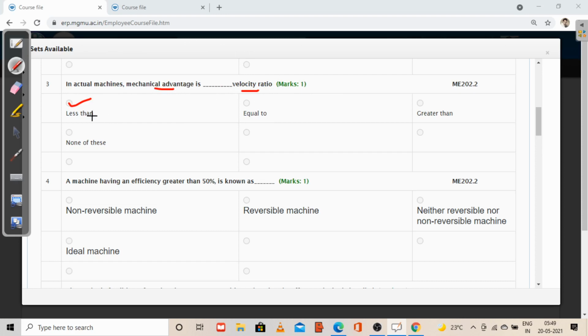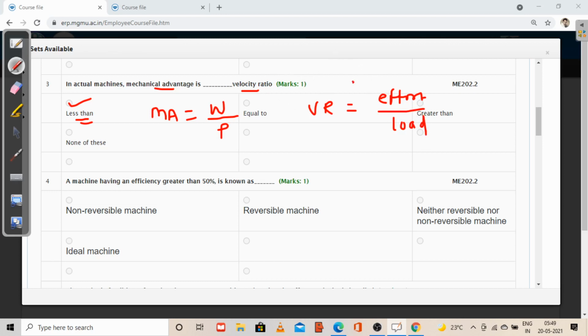Okay, the answer is less than. Now what is meant by mechanical advantage? Mechanical advantage is the ratio of load upon effort. Velocity ratio is the distance traveled by effort to distance traveled by load.